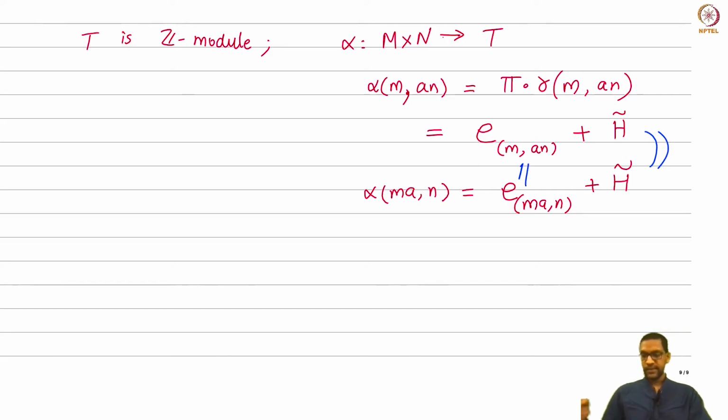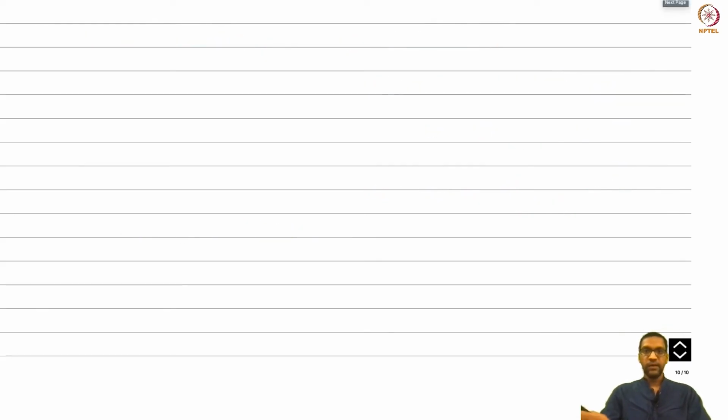The same sort of argument works for the other two axioms. So alpha is indeed R balanced. Now by the previous sort of argument, we'll again show that this has the required universal property. So let's check that T comma alpha has the universal property.